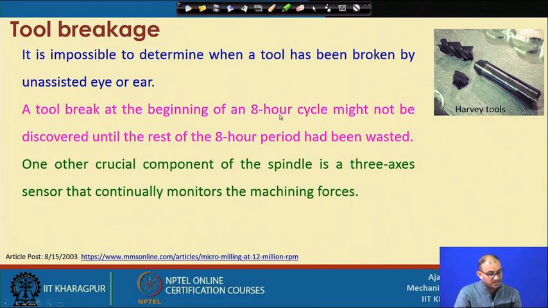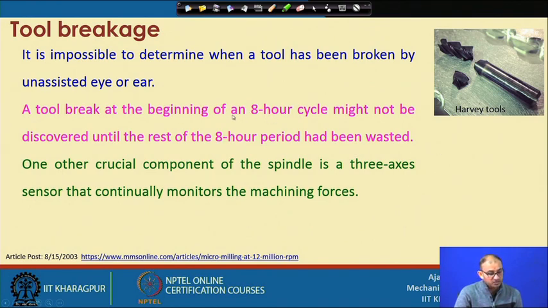Suppose you are starting an 8 hour cycle and your tool is broken in the first minute itself, and you do not have any type of feedback devices or some type of accessories or force measurement system that will give you this type of signal. So, you are starting an 8-hour cycle and within 1 minute your tool is broken, but you will get that information only once you complete the 8-hour cycle, right. So, once you do that, the tool is broken and you have already wasted 8 hours of time.